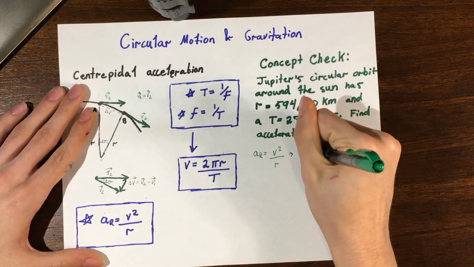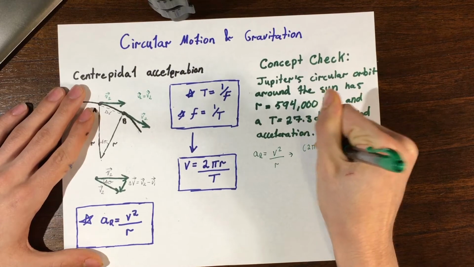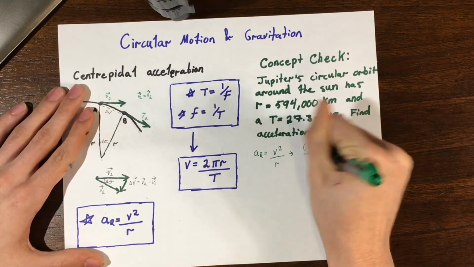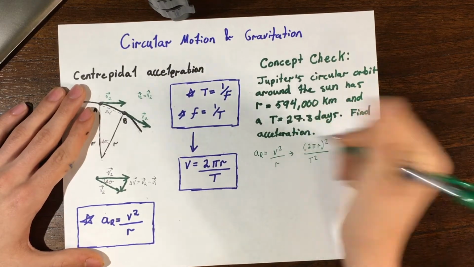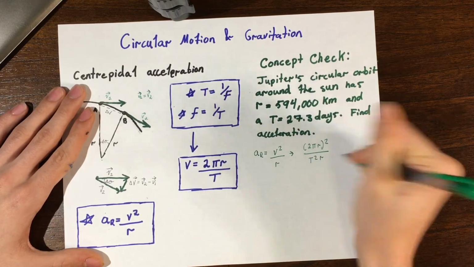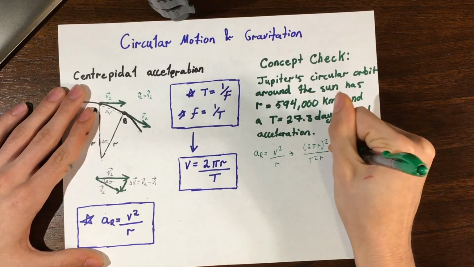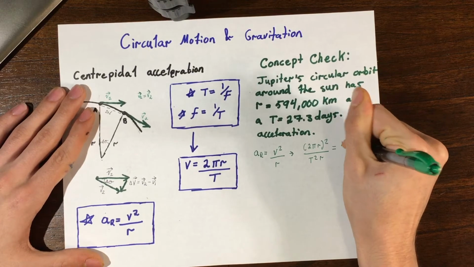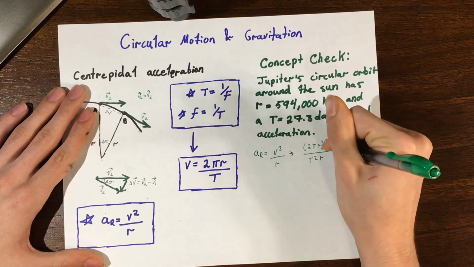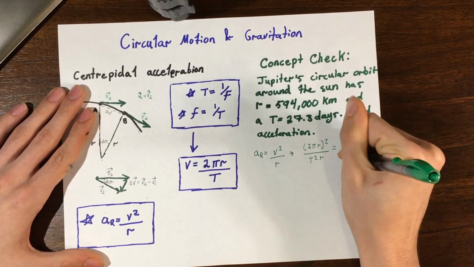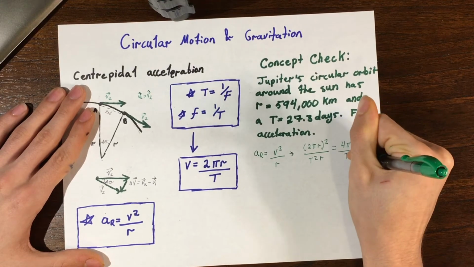So that would be (2 pi r) squared over t squared, since the velocity is squared, all over r, which would be equal to 4 pi squared r squared, and r squared divided by r would just be r, over the period squared.